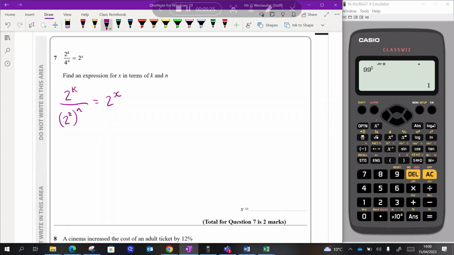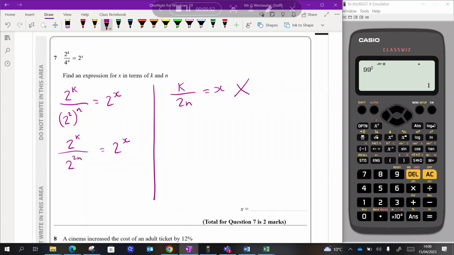And when I've got 2 to the 2 and then to the power of n, when we've got brackets involved, we multiply these. So this is 2 to the k over 2 to the 2n will equal 2 to the x. Now, a lot of people made a very silly mistake here by saying, okay, so k over 2n equals x. But that is not how indices work.